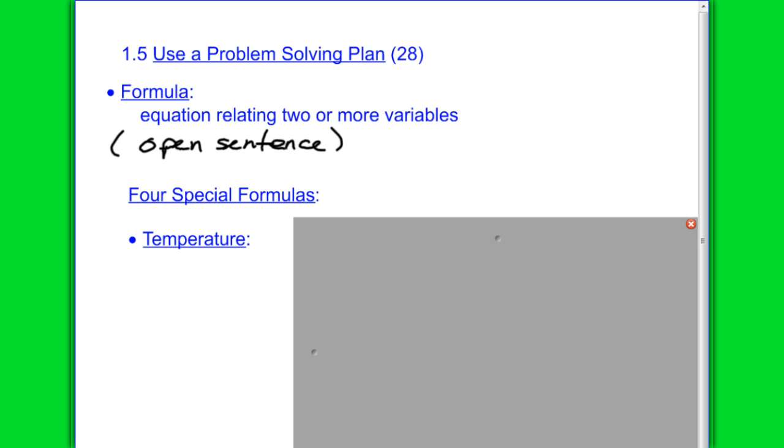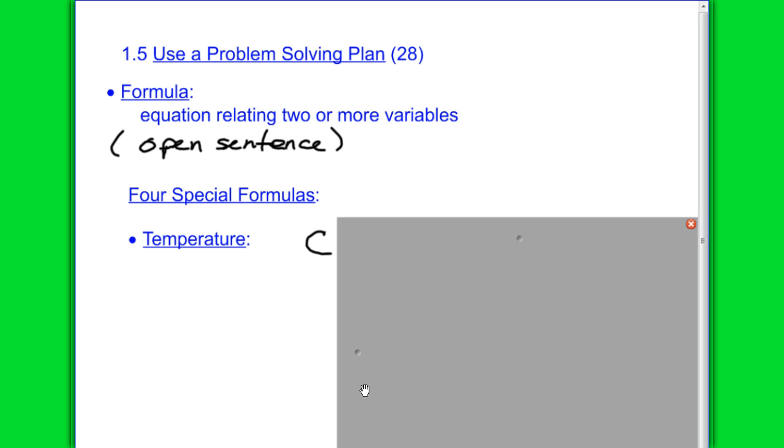So for your reference, temperature. This is a conversion formula that we can use to move from Celsius to Fahrenheit. It could also be used to go from Fahrenheit to Celsius. Actually, right now, as it's written, if you know a temperature in Fahrenheit, you could plug it in and out pops the Celsius, right?